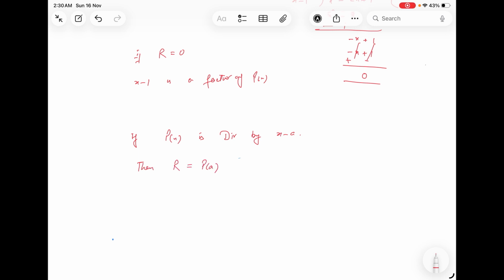And factor theorem states that if remainder, that is P(a), equals 0, then x minus a is a factor of P(x).